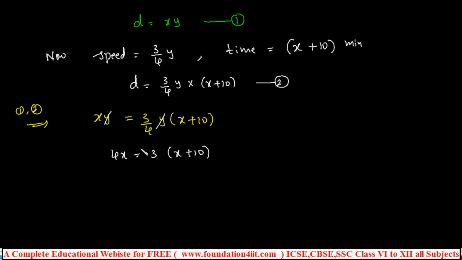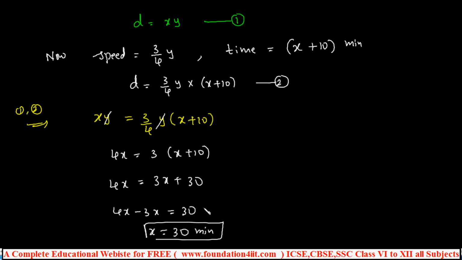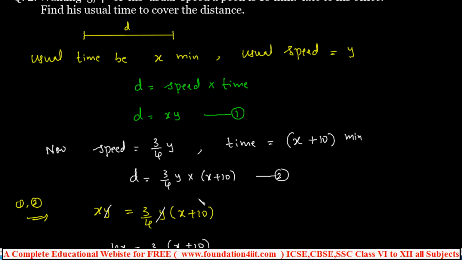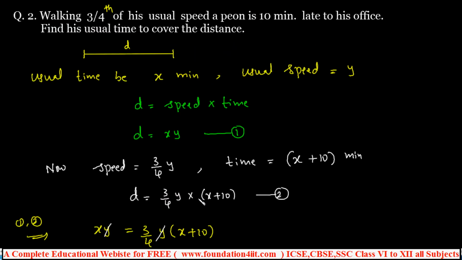Okay, next you can do normal simplification. That is 3x plus 30, 3 into x and 3 into 10, equals 4x. So 4x minus 3x is equal to 30. Then x is equal to 30. That is minutes. So 30 minutes. So his usual time is 30 minutes.